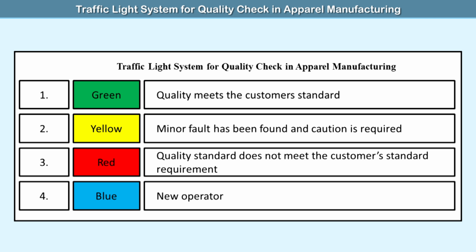Blue, new operator. This can motivate the worker to produce good quality products. It is also an indication of how and which operator is going wrong to the production in charge and quality supervisor.